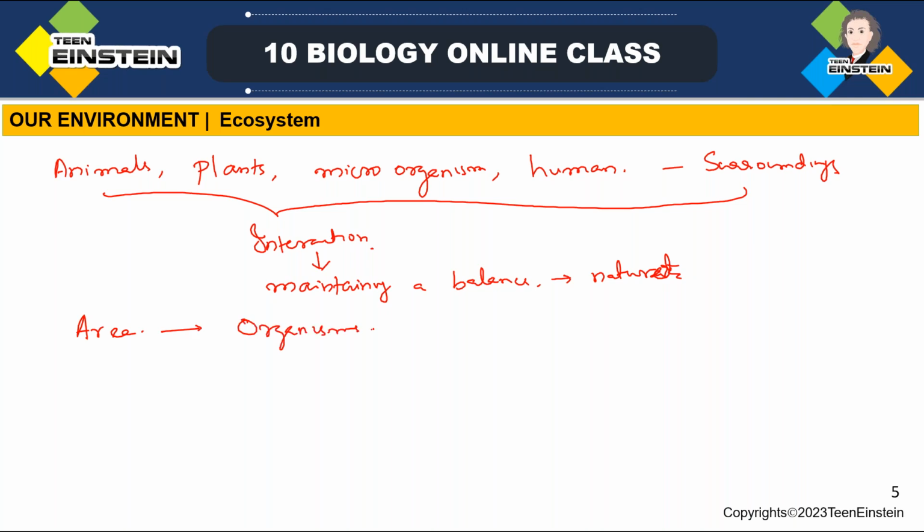These organisms which are present in an area, together they will be having an interaction, right? All the organisms which are present in a particular area will be having interaction with each other.